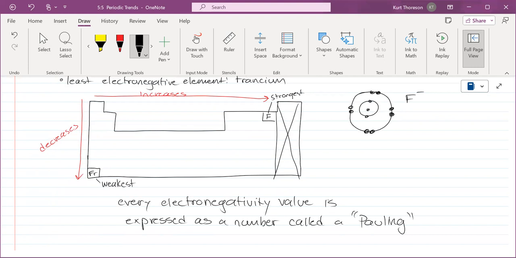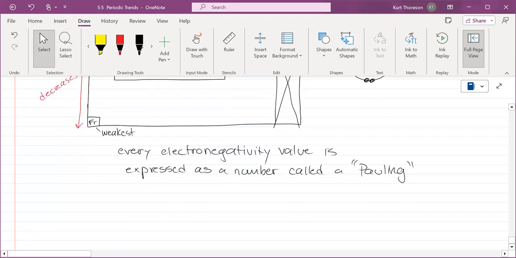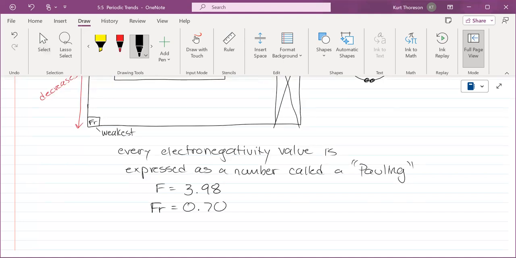It's named after an American scientist, Linus Pauling. So fluorine, the strongest of them all, has an electronegativity value of 3.98 Paulings. And francium has an electronegativity value of 0.70 Paulings.